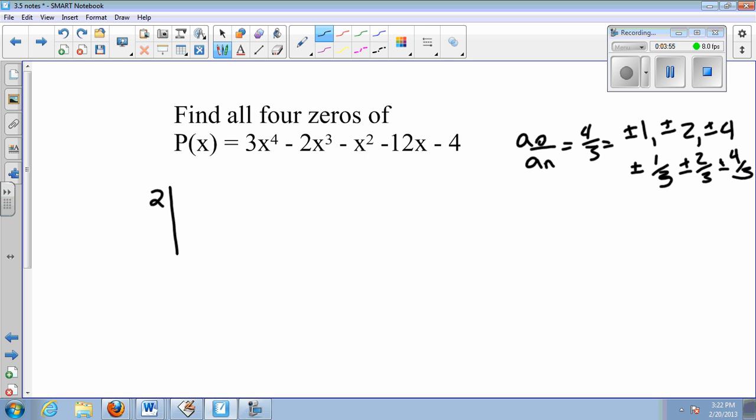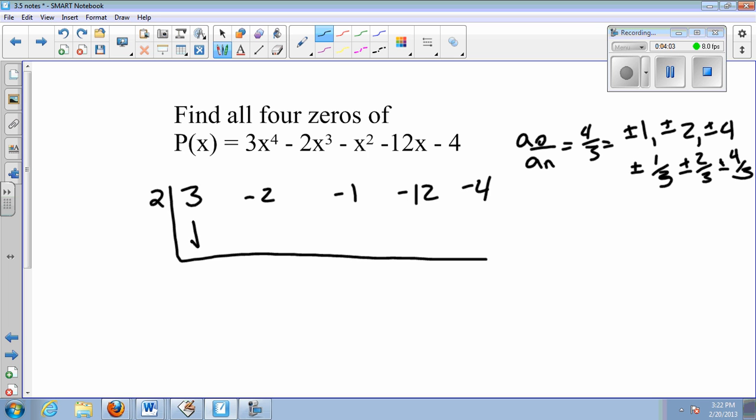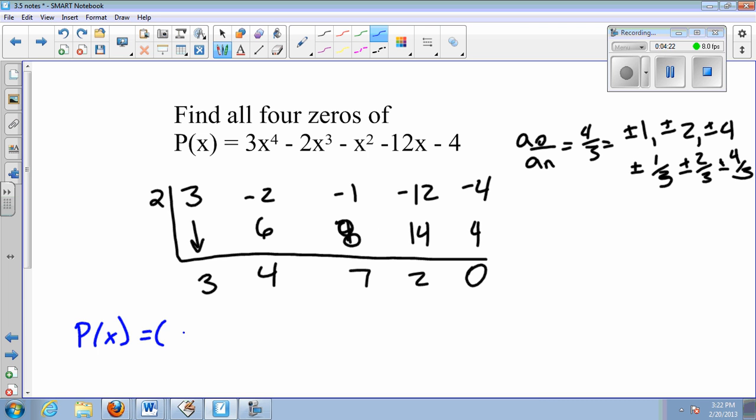It's going to come out that 2 works, so we're going to use synthetic division. So we now have p of x equals x minus 2 from our factor times 3x cubed plus 4x squared plus 7x plus 2.